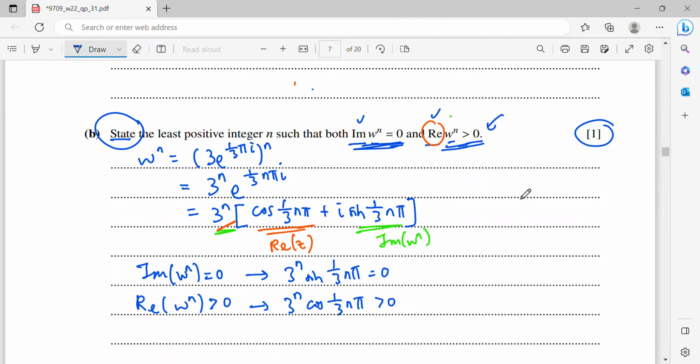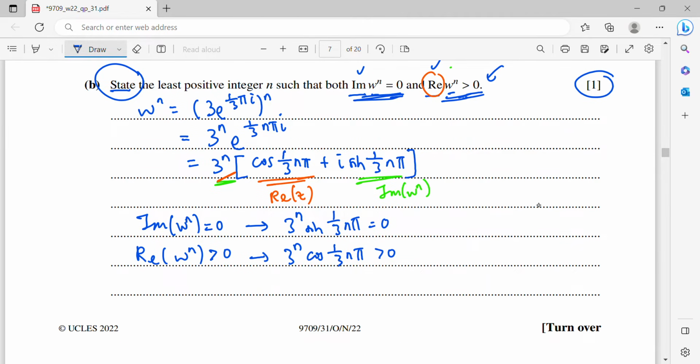Now we know that 3^n will be positive regardless of the n values. So from here, it's basically solving sin(1/3 nπ) equals 0, and at the same time, cos of the same angle will be greater than 0.